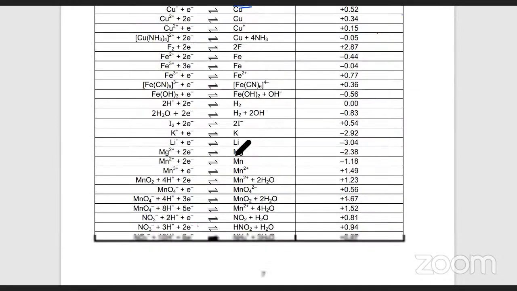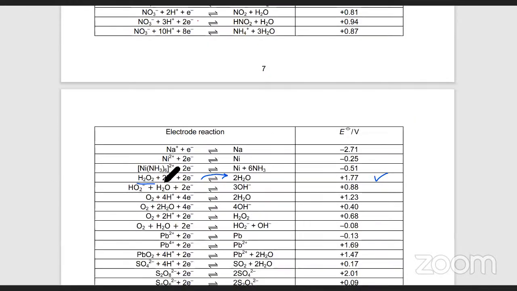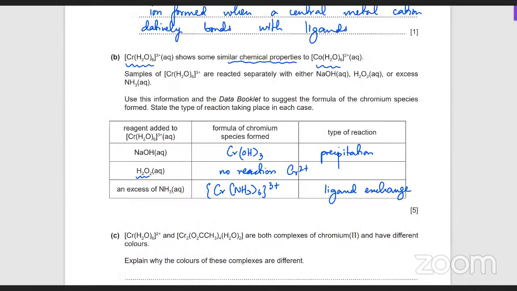Our problem is that he did not write that it is acidified, whereas here it's shown that it's acidified H2O2. So that was the one thing which was not actually given in the question. Here in the question, acidified is not written, just H2O2 aqueous.